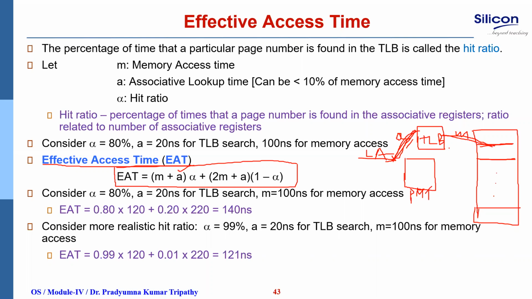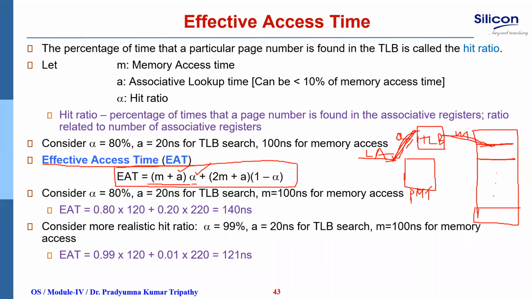Suppose out of 100 accesses, 70 are found. So A plus M for the 70% of data, so M plus A into alpha. Alpha is what? Alpha is the hit ratio. Is that understood or not? The first part, M plus A into alpha, is it understood or not?